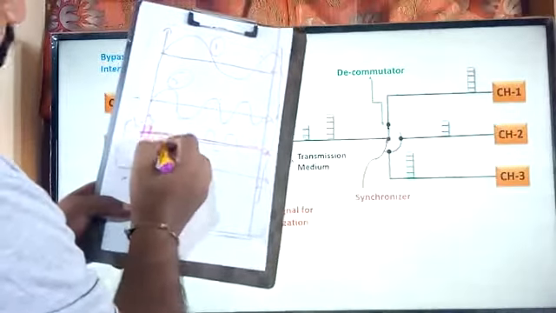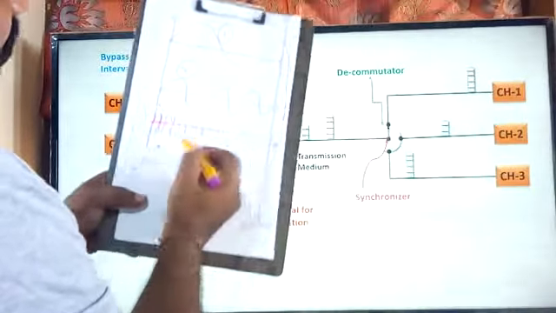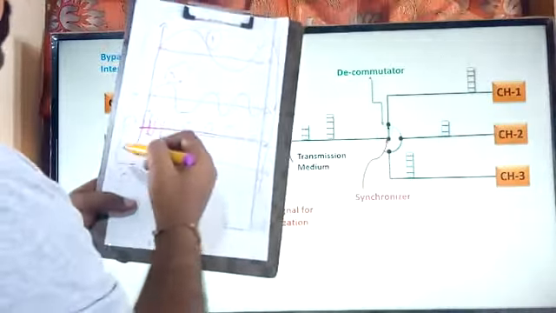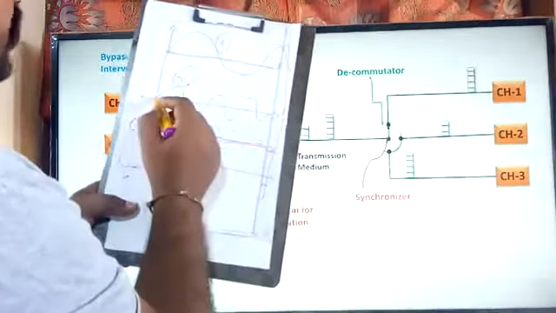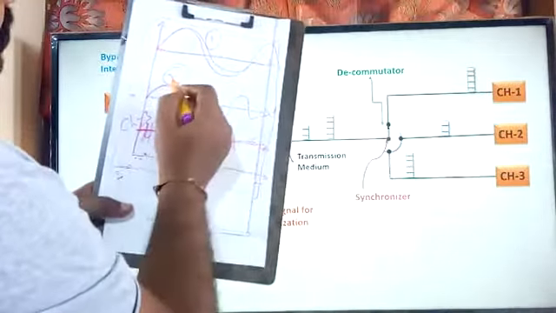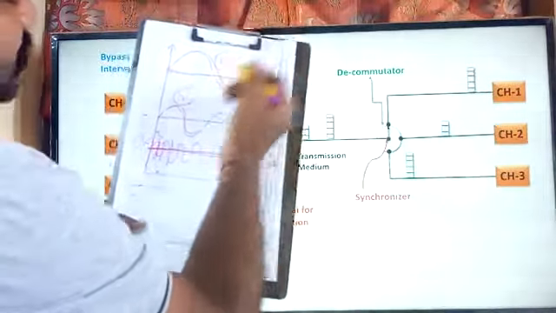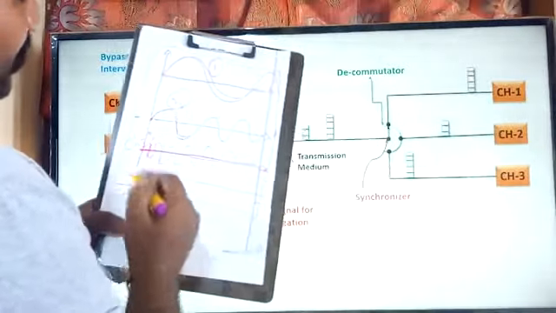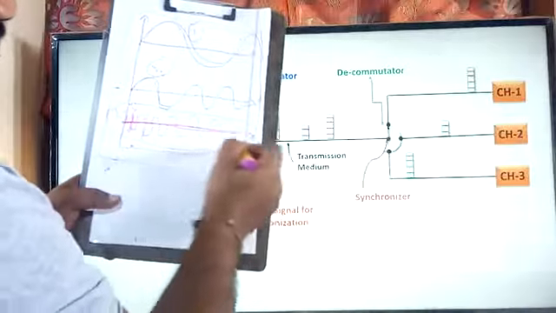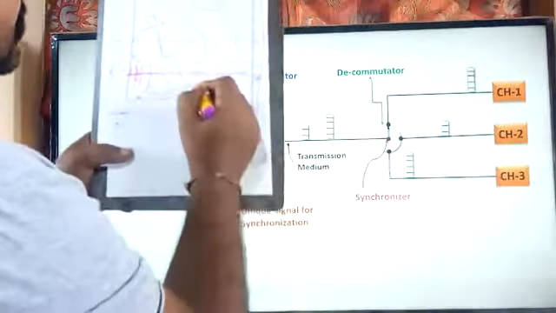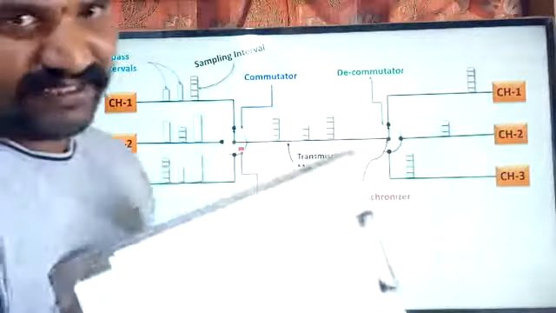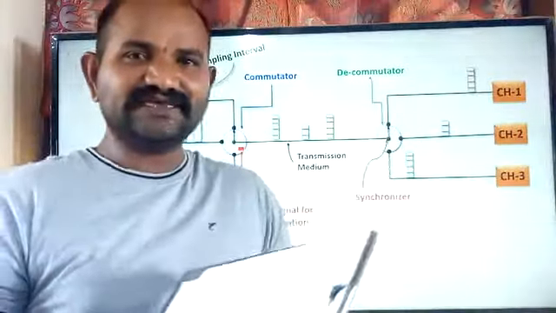Channel 2 is taking more time to change its amplitude, and channel 1 is taking more time to change compared to channel 2 as well as channel 3. So whatever channel whose information is changing very fast, that channel's frequency is going to be taken as the sampling rate.